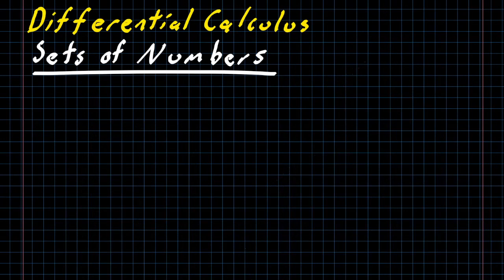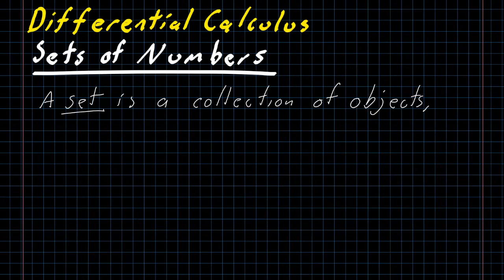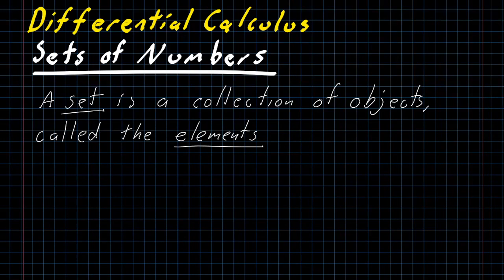Let me get my head out of the way, and we'll start with the definition of a set. A set is a collection of objects, which we call the elements of the set.